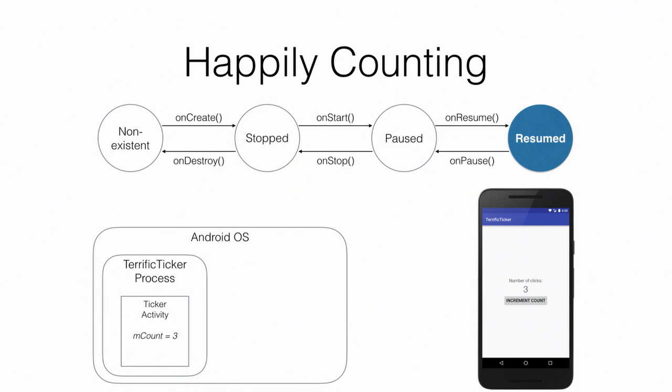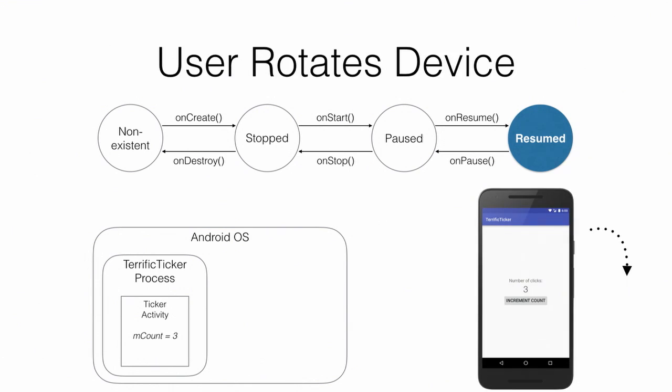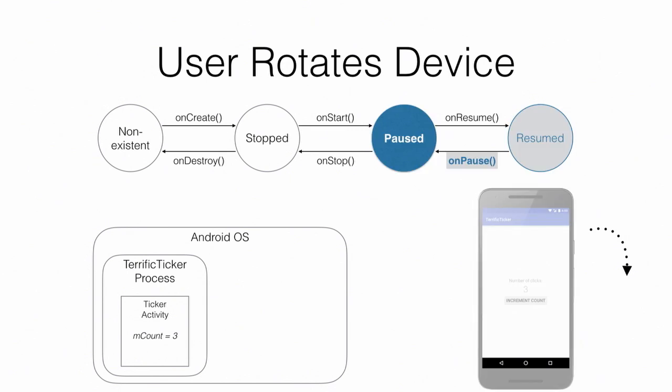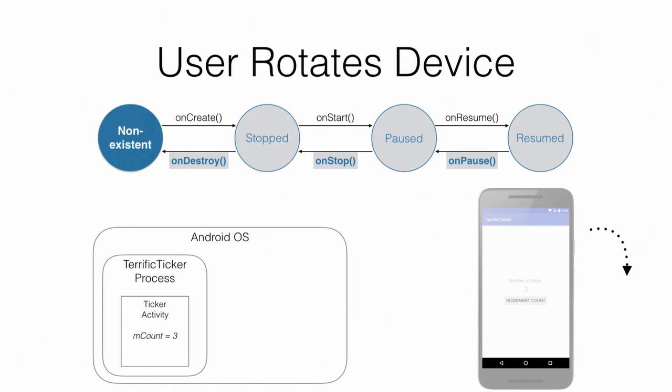When I am here happily counting, and I rotate my device, what the Android operating system is doing to my activity is the following. It's calling onPause to move it to the pause state, calling onStop to move it to the stop state, and then calling onDestroy, making it non-existent.